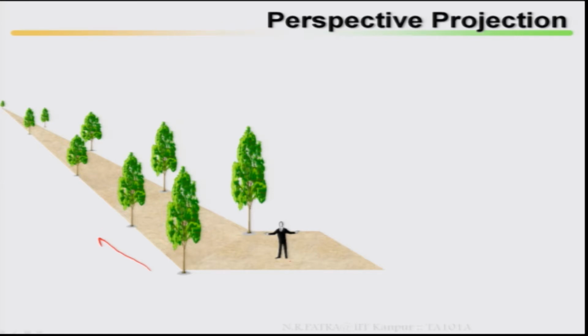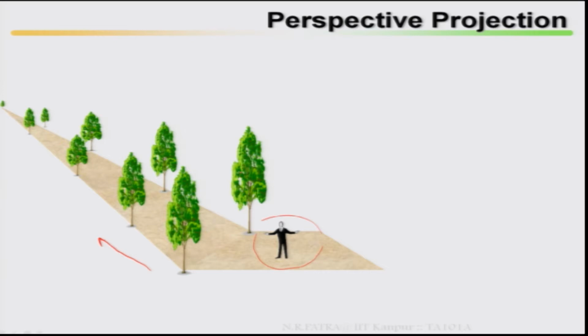I am an observer here. From here, we are looking at how the trees look. It goes from here to infinity. But if I look at the first two trees, they look in real shape.